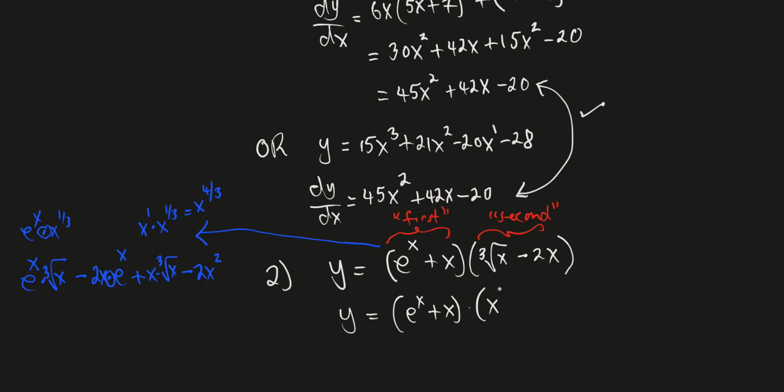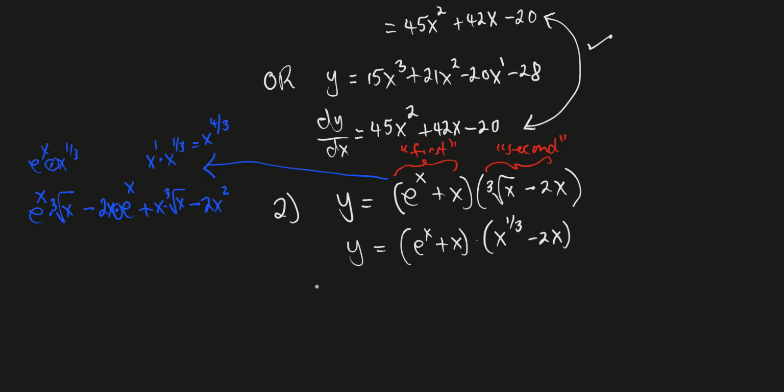Again, your cube root is x to the 1/3, and then you have your minus 2x, right? And I have enough rules to differentiate this by itself, and I have enough rules to differentiate this by itself, and now I have the product rule to tell me how to put those two pieces together, right?